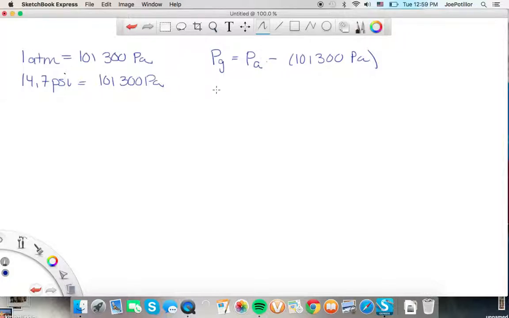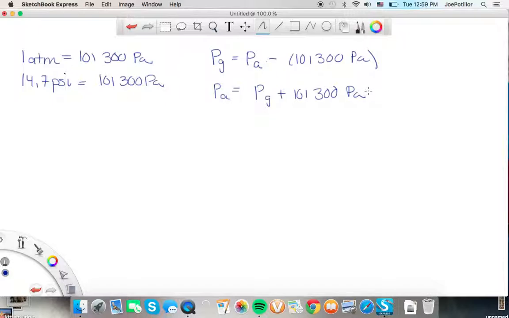But sometimes you'll have situations where you're reading it off of a scale, and you'll have to add 101,300 pascals to change the pressure. You have to sometimes add it to do it. So be very conscious of that when you're working with it.